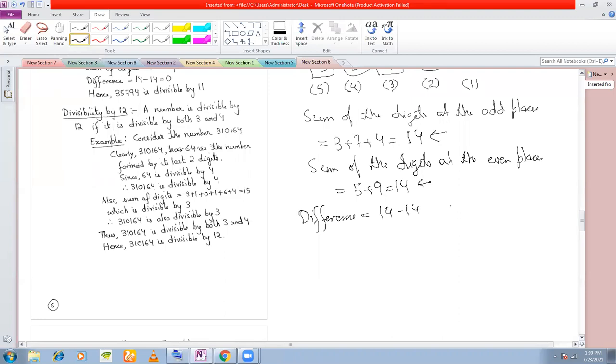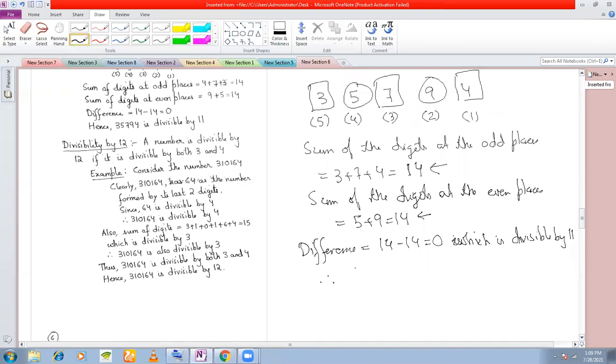Now 0 is divisible by all the numbers, so it is divisible by 11. Therefore, this number 35794 is divisible by 11. Okay, so divisibility test by 11. Not too difficult.